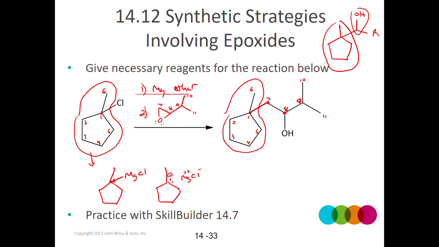Which is exactly what's going to happen here, because carbon 1 is nucleophilic and carbon 7 is the least sterically hindered side on this epoxide. Open that up. And when that opens, the oxygen here is going to be negative, so in the third step I would add some H3O plus to protonate that oxygen.